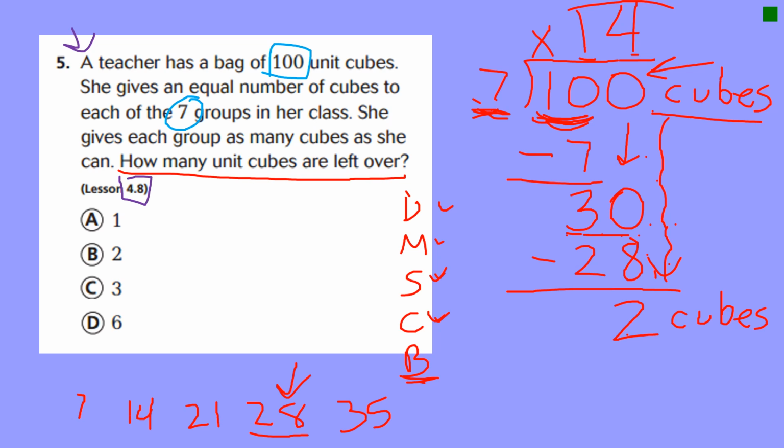Well, each group will get 14, and there will be, how many left over? 2. Right? Remainder 2. That's one of the ways that a remainder can be used as the answer. Okay, this time the remainder was the answer. It wasn't how many each group gets, it's how many are left over.